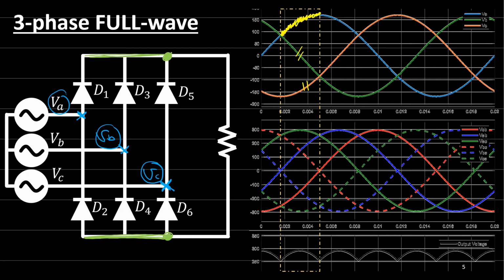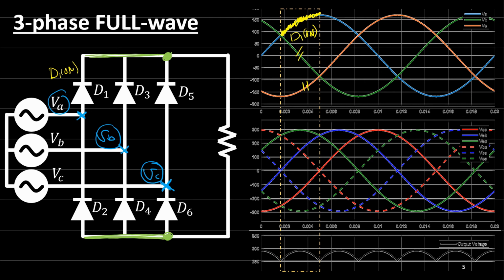So VA is larger than VB and VC. At this moment, diode 1 is on. No doubt about this.